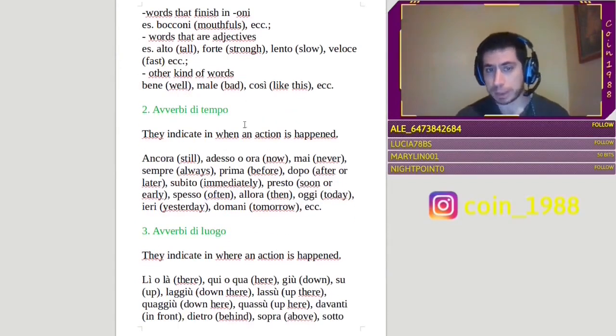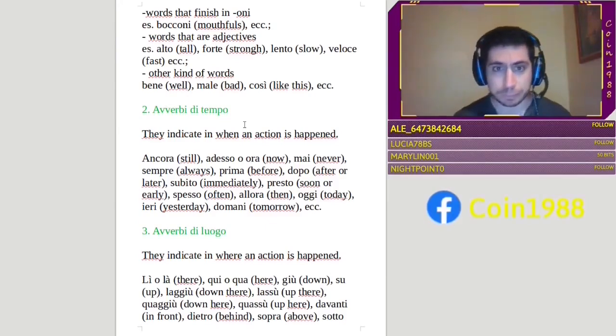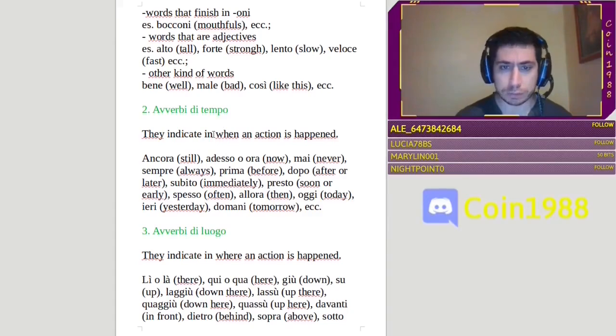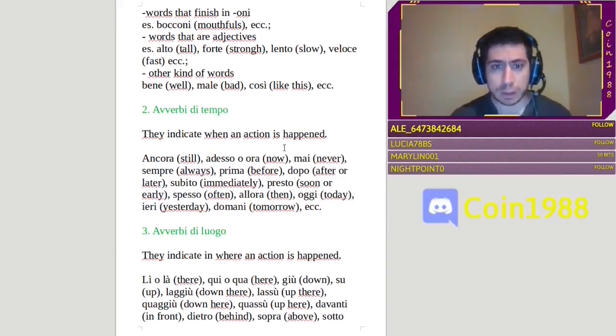The second type is avverbi di tempo. Like the name says, they indicate when an action happens.